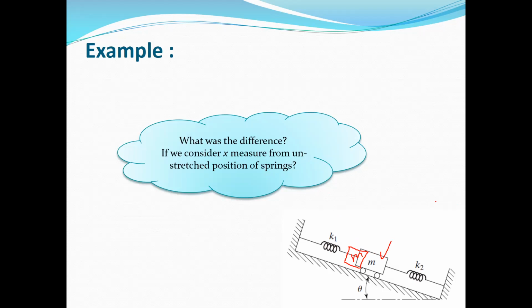So by neglecting the weight and plotting the free body diagram about the equilibrium position, in fact, we simplified our equations and decreased the number of calculations. This is the same point that I mentioned in my explanation in the previous slide.